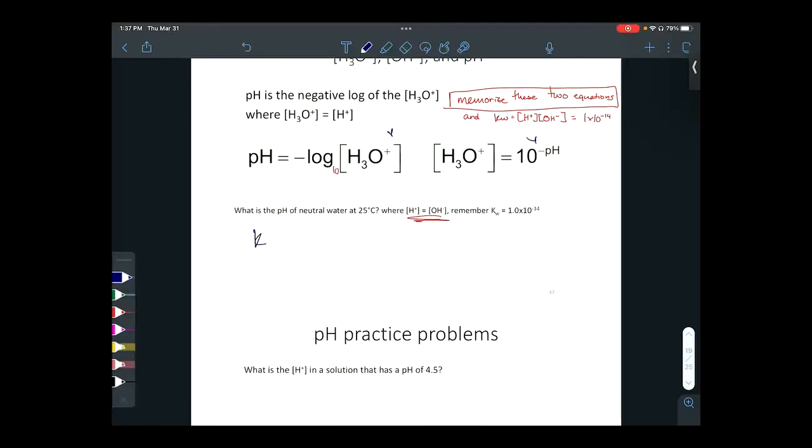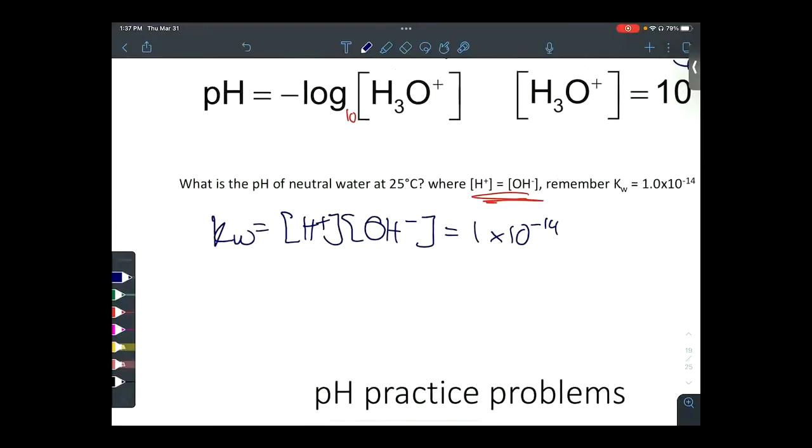Our Kw expression is the concentration of H plus times the concentration of OH minus equals 1 times 10 to the negative 14. So if we want to calculate the pH of neutral water, remember H plus equals OH minus concentration. I'm just going to call one of them X.